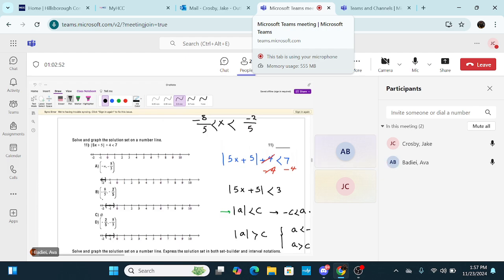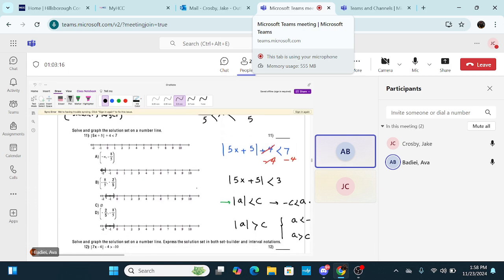Anytime you're writing an interval, you put the smaller number here and the larger number on the right side. -8/5 is smaller than -2/5, exactly. Because of the negative sign, this one gets smaller, even though 8 is more than 2. So we are going to get choice B.